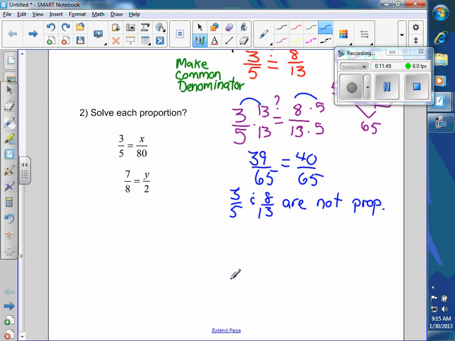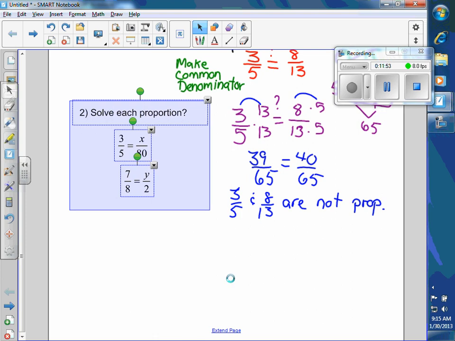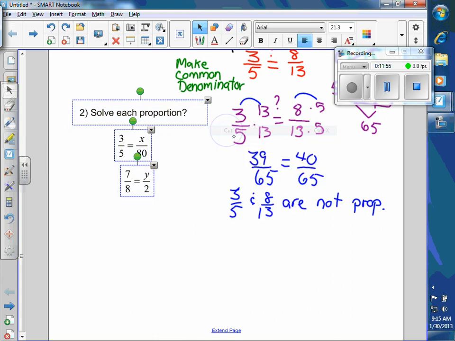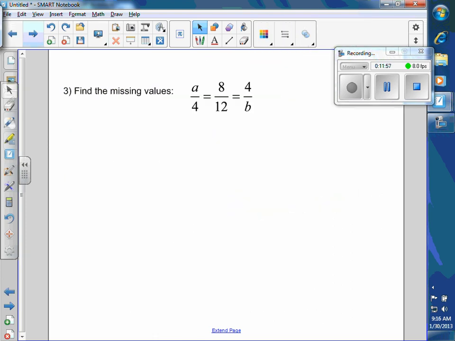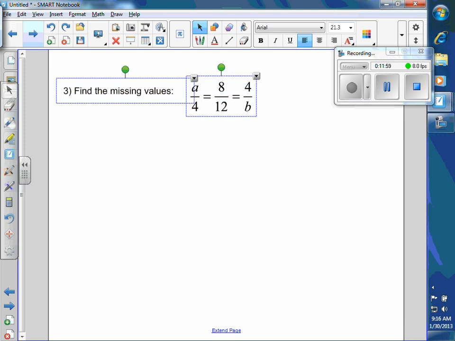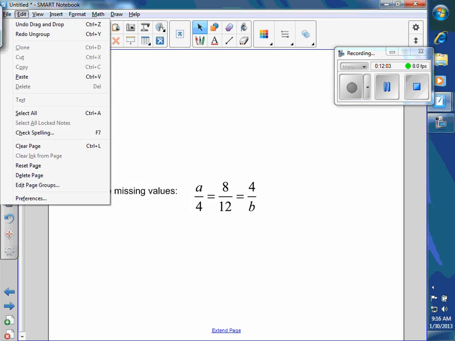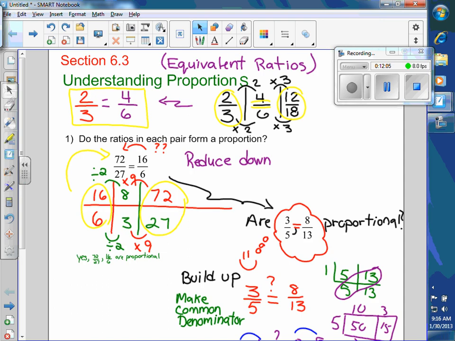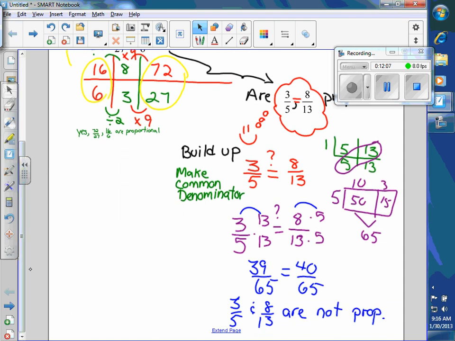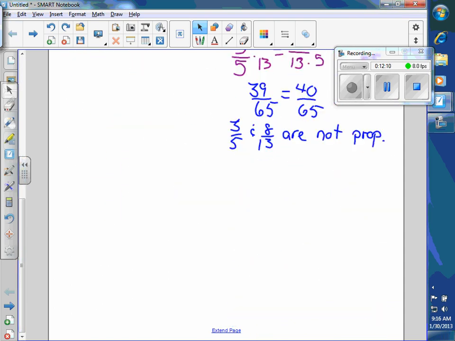One thing I didn't do is remind you that sometimes it might even be easier if you could recognize benchmark fractions.